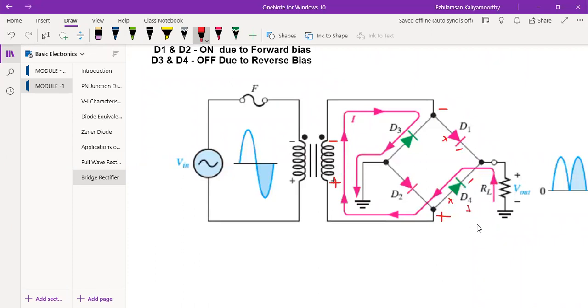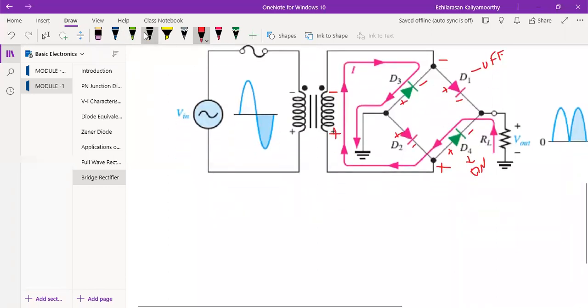So I can say that D4 is on because of forward bias. D1 is off. In the same way, you can see here also, minus to minus, but here this is plus, so plus to plus, minus to minus. So D3 also is on.